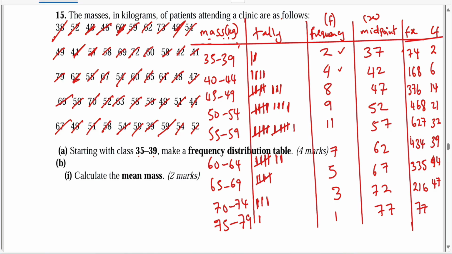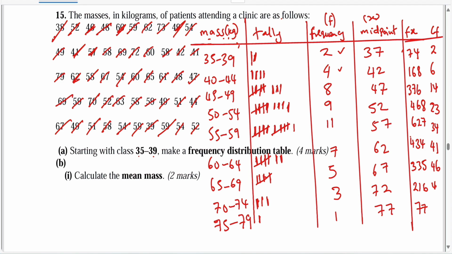Hey, and this, I think I've made a blunder somewhere here. So it's supposed to be 14 plus 9, which is not 21, but it's supposed to be 23. 23 plus 11 is 34. 34 plus 7 is 41. 41 plus 5 is 46.